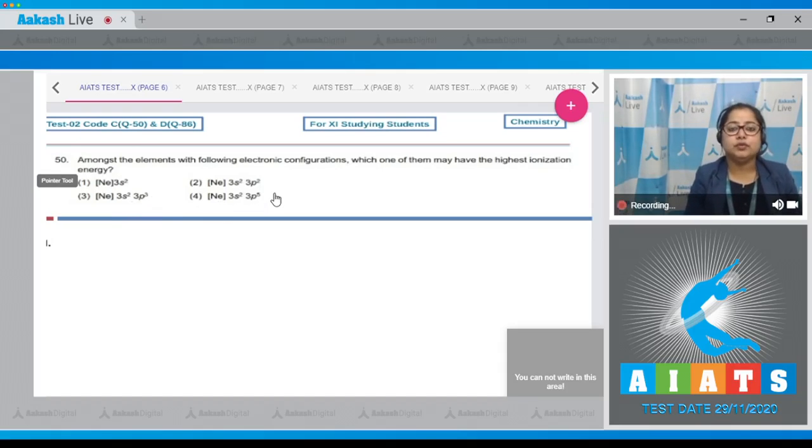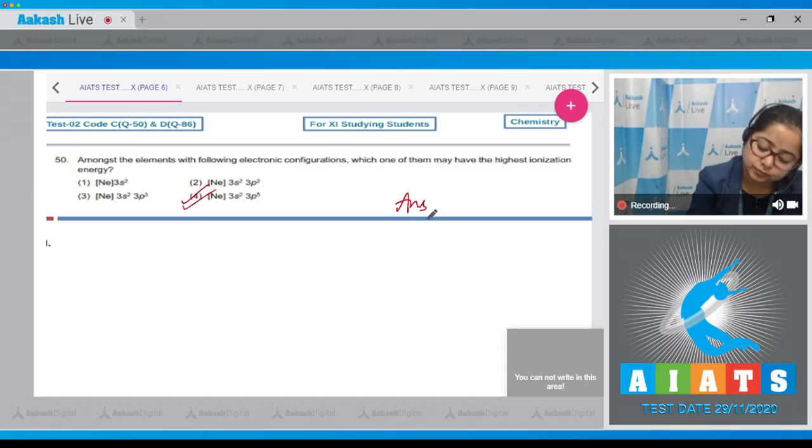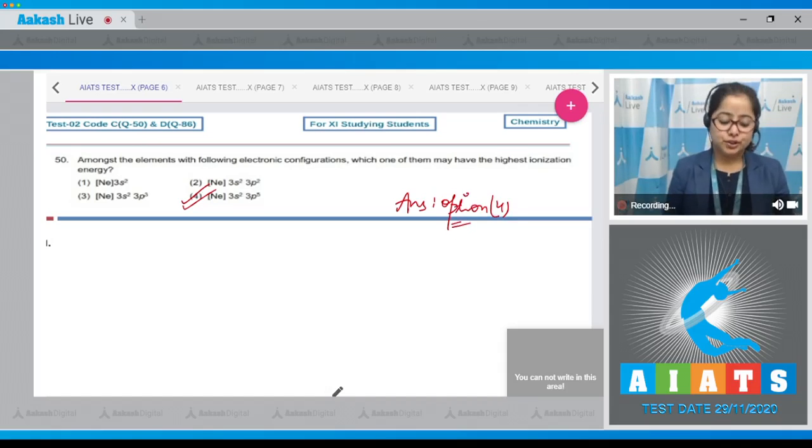And as we move left to right in a period, the ionization enthalpy increases. Therefore, the last element, which represents chlorine because it belongs to group 17. That means the correct answer is option number 4. Moving to the next question, students.